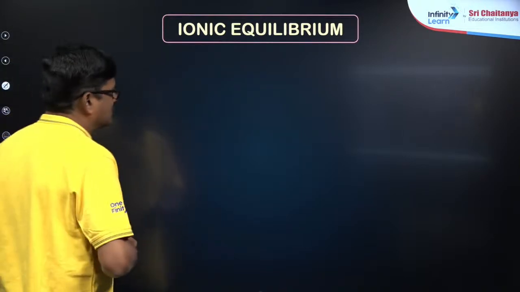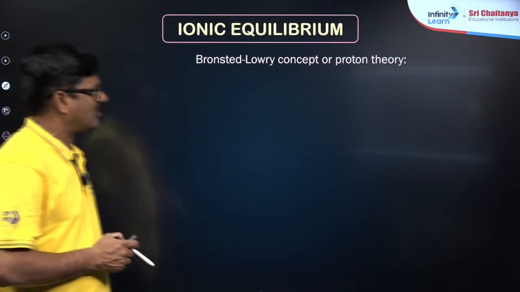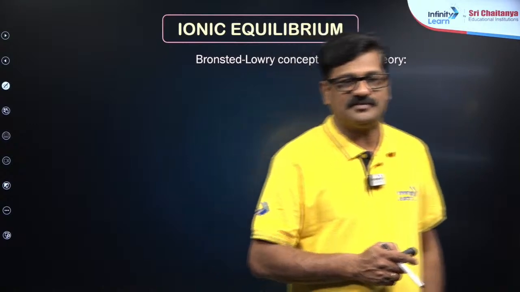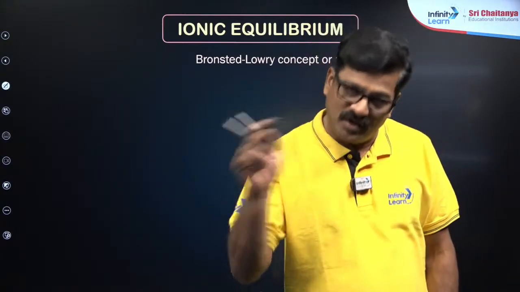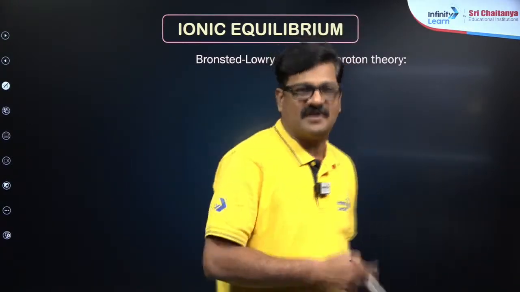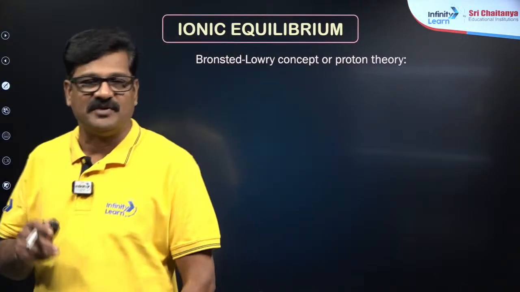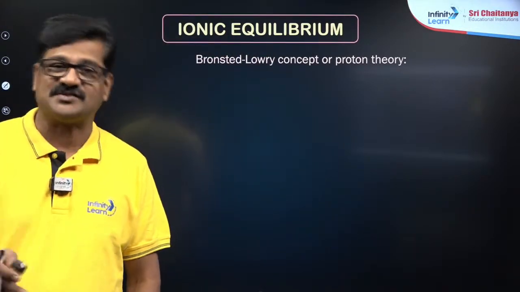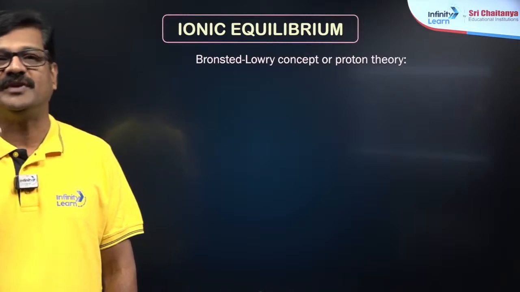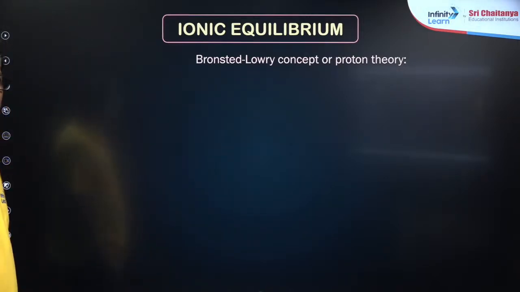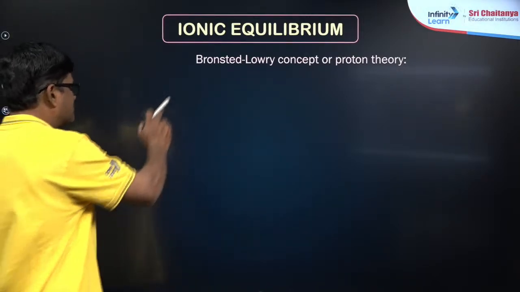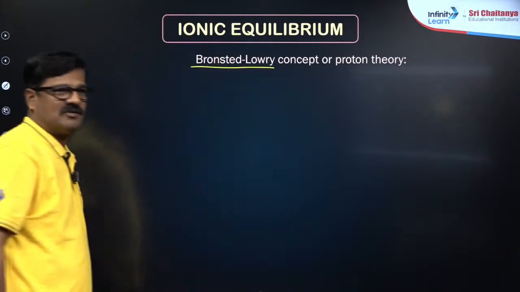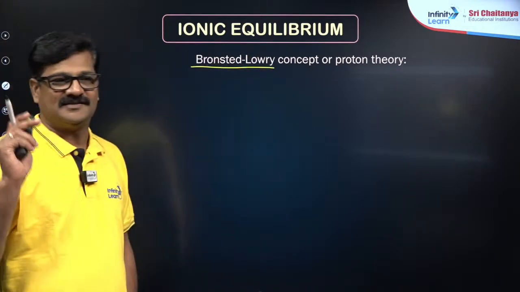Now talking about the Brønsted-Lowry concept, or the proton concept. The Arrhenius concept is only applicable for aqueous, whereas the Brønsted-Lowry concept is applicable for aqueous as well as non-aqueous. It could be any solvent. So Brønsted-Lowry theory is also called the solvent theory.